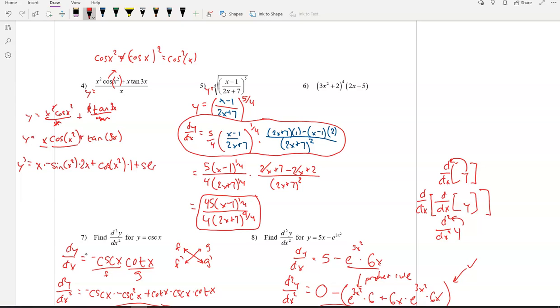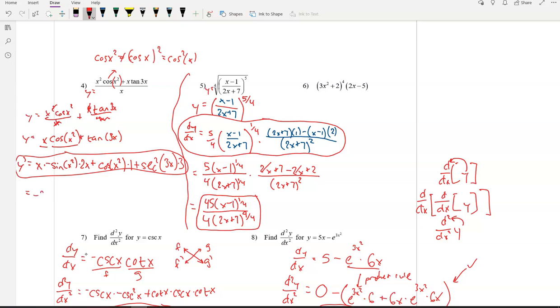So this would be secant squared of 3x. Okay, times 3 then, right? Times the derivative of what's inside there. And so again, you can stop right here and say, there's my answer. If you want to rewrite, you can, but you could just stop right here and say, okay, there it is, Mr. Witt. That is my answer. Please grade that. And I will give you full credit for something like that, okay?